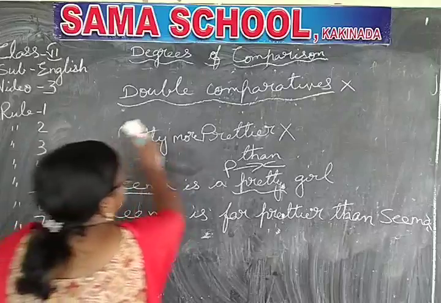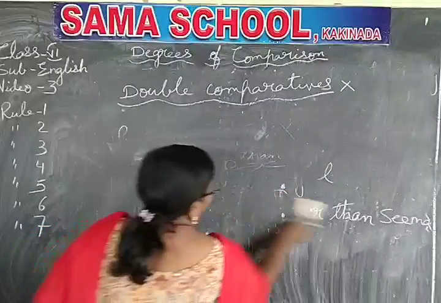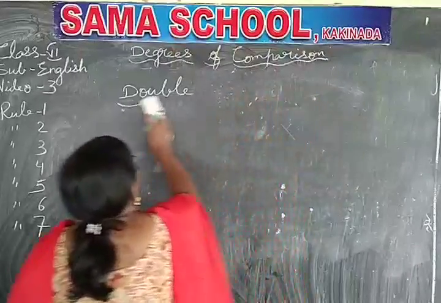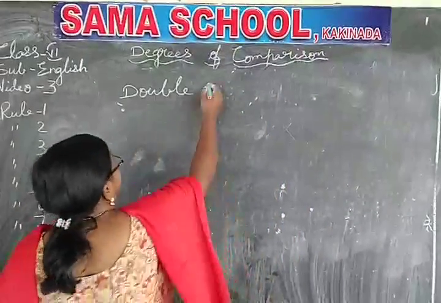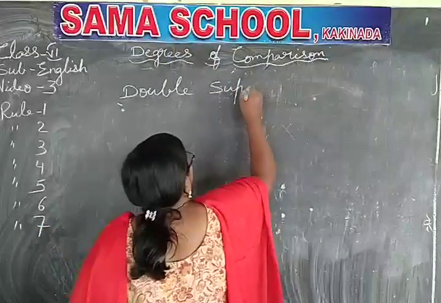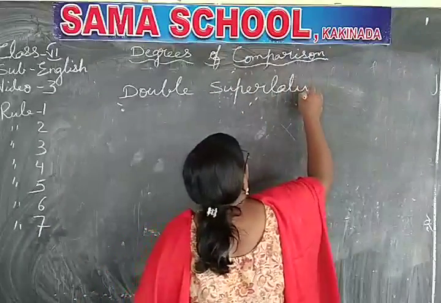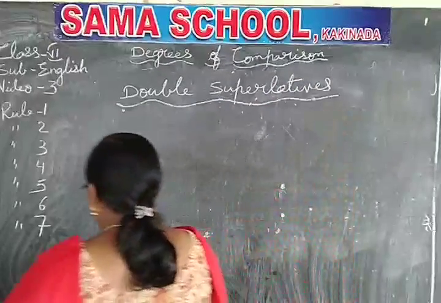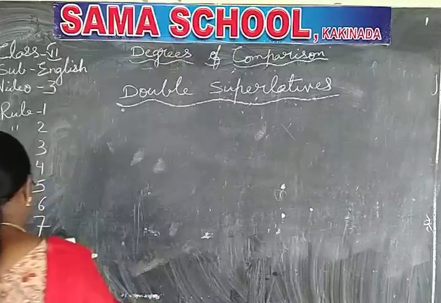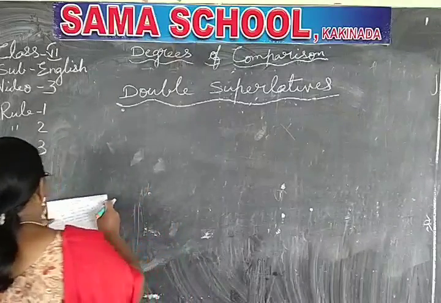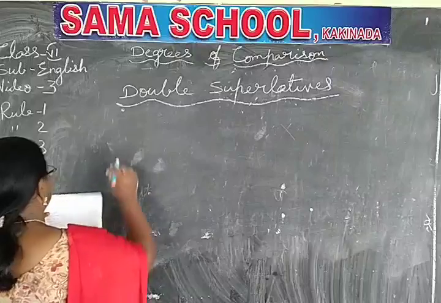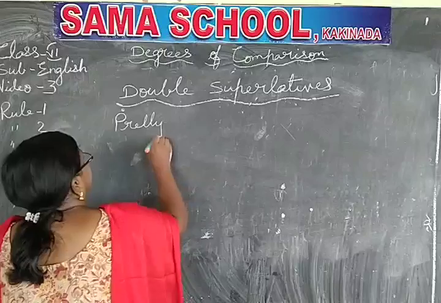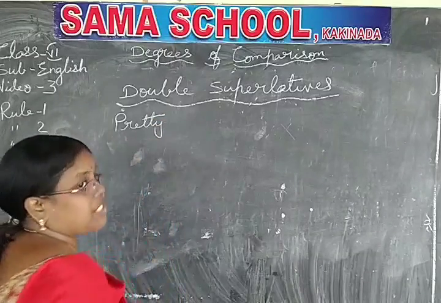Double superlatives. Let me erase the board and then tell you. How can we write double superlatives? Again, this one also I will take pretty. Pretty is the positive degree.